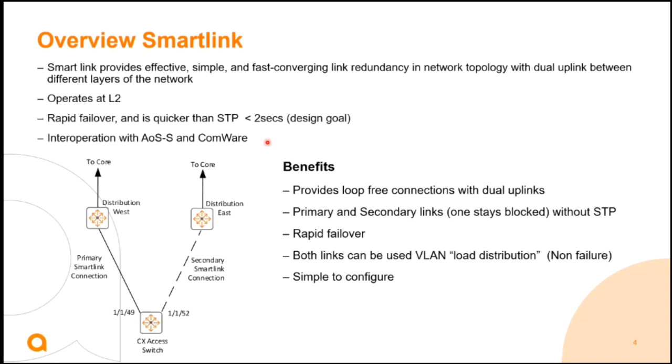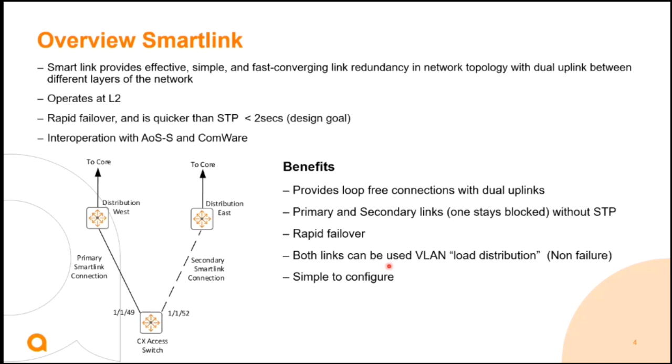So what are the benefits of Smartlink? Well, we're providing loop-free connections up to another layer of the network. We're able to block one of those links without the use of spanning tree. We have a primary and secondary link. We have a rapid failover, as I said earlier, design goal less than 2 seconds. And then we can load distribute VLANs among links.